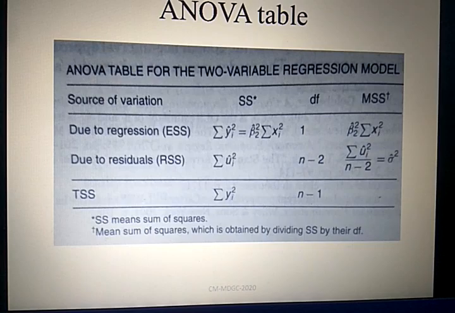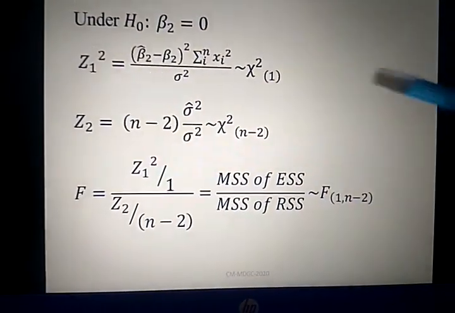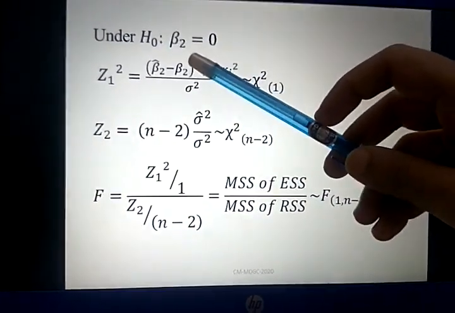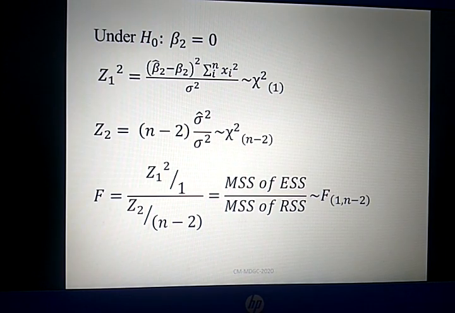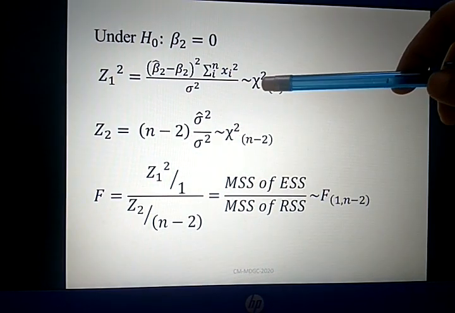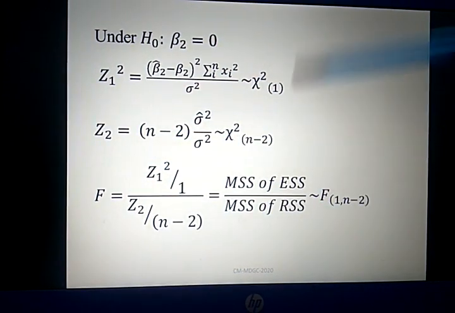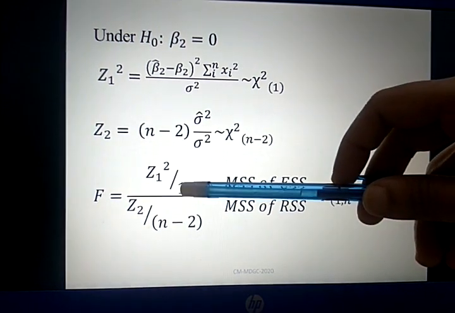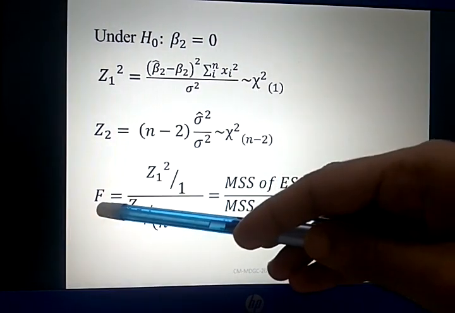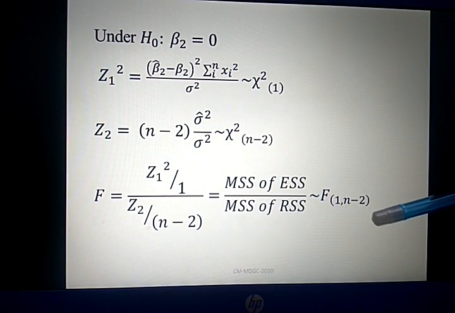See, under the null hypothesis, beta 2 equals 0, and with the assumption that the random error terms ui's are normally distributed, the test statistic z1 square follows a chi-square distribution with 1 degree of freedom and z2 follows a chi-square distribution with n minus 2 degrees of freedom. The ratio of these two statistics divided by their respective degrees of freedom, we call it F, follows an F distribution with 1 comma n minus 2 degrees of freedom.